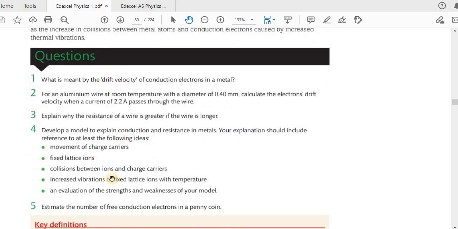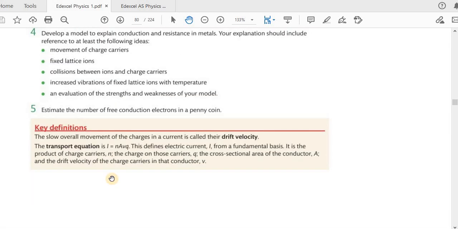Make sure you answer all these questions and check the answers in the answer script. And here is the definition. The slow overall movement of charges in a current is called the drift velocity, and here is the transport equation. I equals nAvq. I is the current, N is the charge carriers per cubic meter.